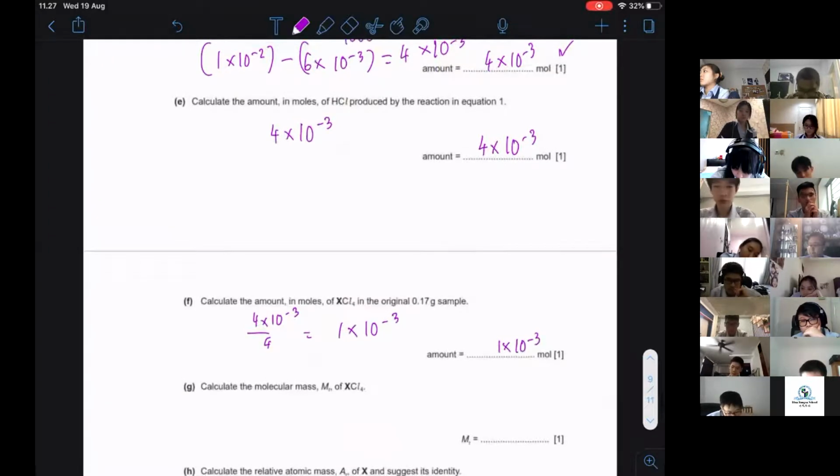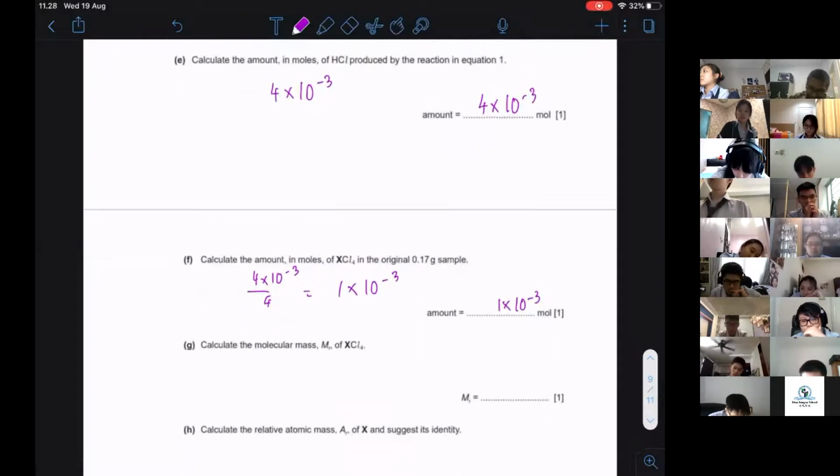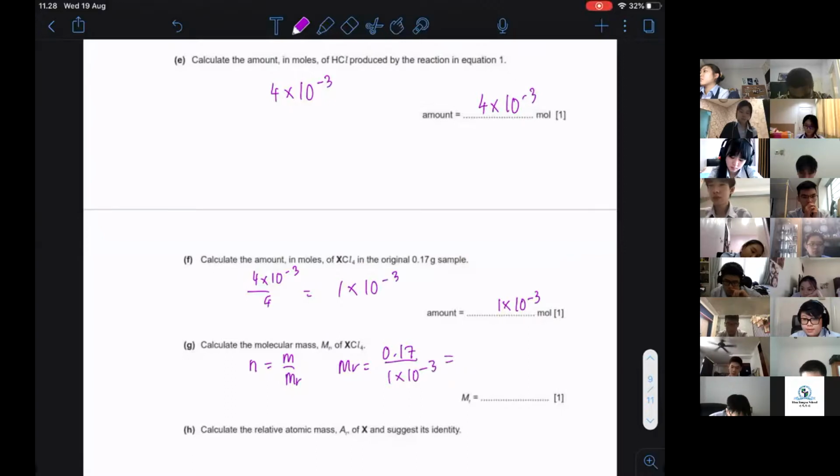And then calculate the molecular mass. We know that number of moles equals mass over Mr. So Mr is going to be mass, 0.17, divided by number of moles, 1 times 10 -3. So what is the Mr? It's 170.